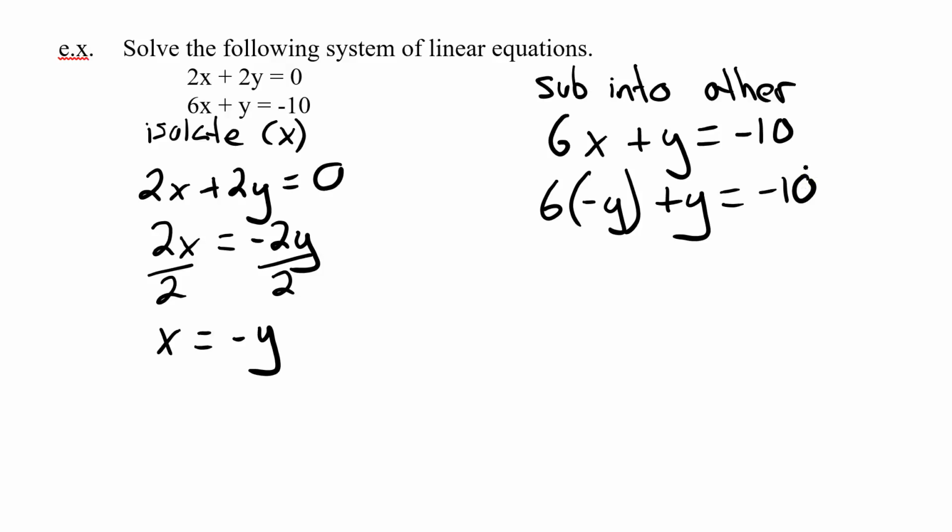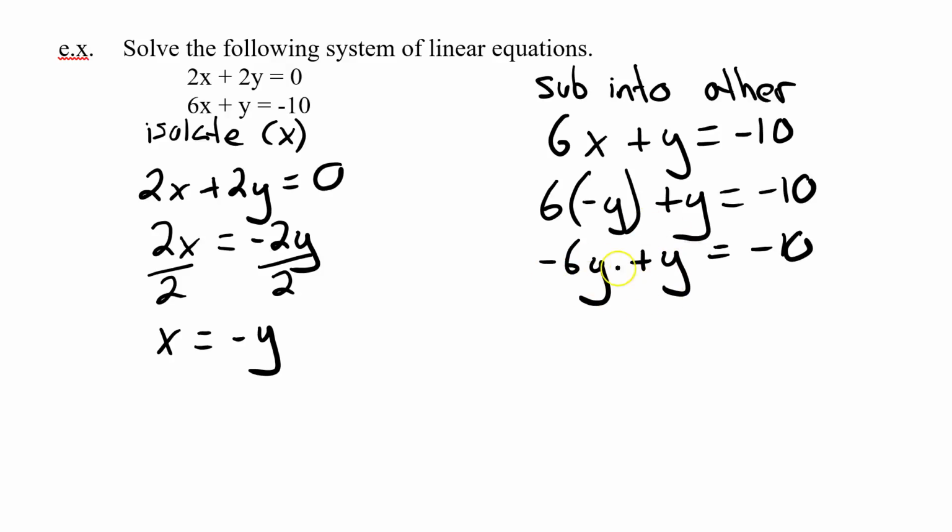Essentially what I'm doing now is finding out what the actual y variable is. The first step didn't give me the actual x number because it turned out to be an expression, negative y. When I solve for y in this form, I'm going to get an actual number. It's going to be part of my solution. So 6 times negative y is negative 6y, plus y equals negative 10.